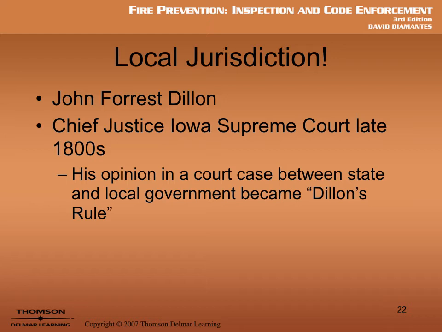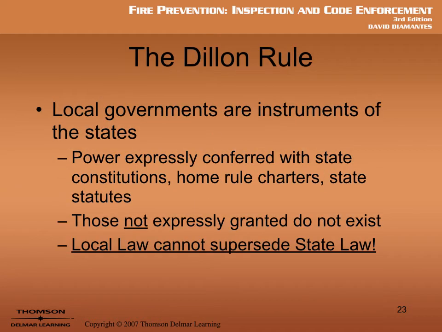And there was this Supreme Court case back in the 1800s, and the ruling that came down was called Dillon's Rule, based on a Supreme Court justice named John Forrest Dillon. Basically, this case was between local governments and the state government. Does the state government have the right to tell local cities that they can or can't do certain things? Well, according to Dillon's Rule and the ruling of the Supreme Court, local governments are instruments of the state.